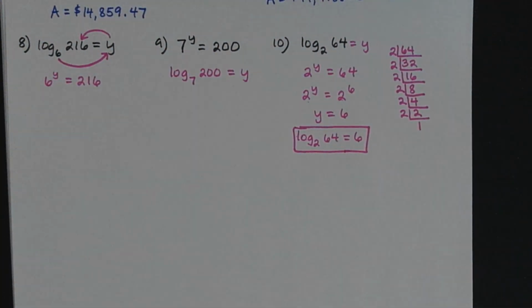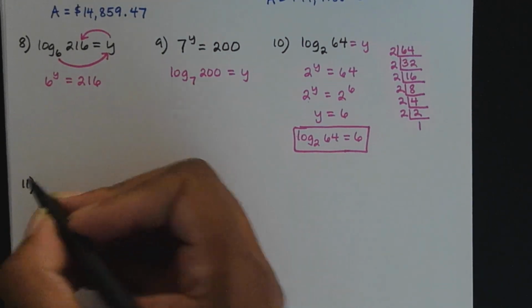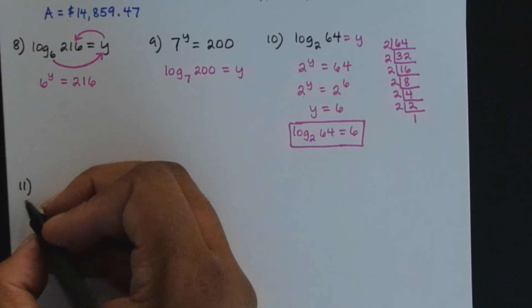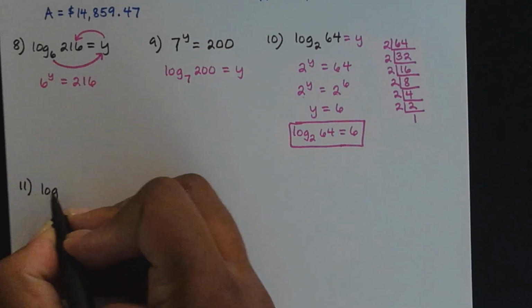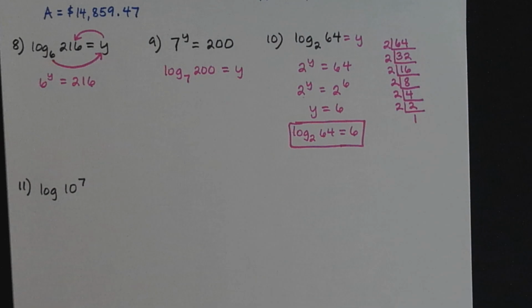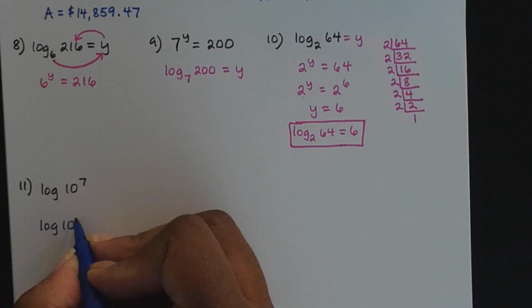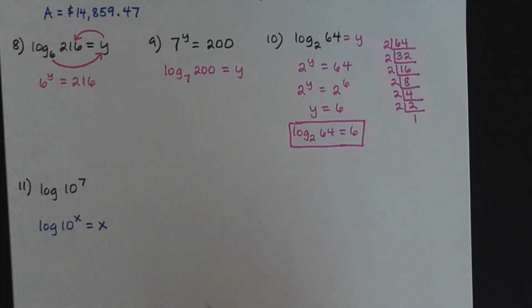All right, number 11 is to evaluate or simplify each expression without the use of a calculator. That's pretty much using those basic properties of logarithms. In this case, number 11, we've got the log of 10 to the 7th power. Of course, there is a property that states that if you have the log of 10 to whatever your exponent is, it's going to be that exponent.